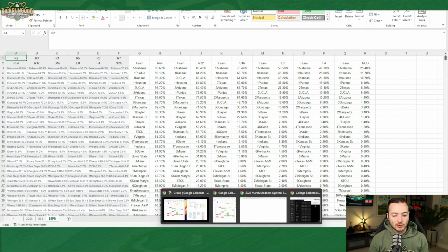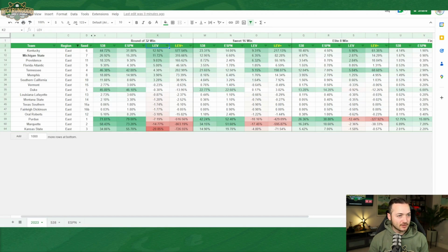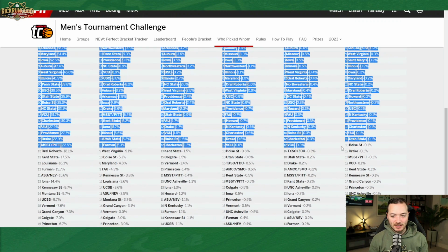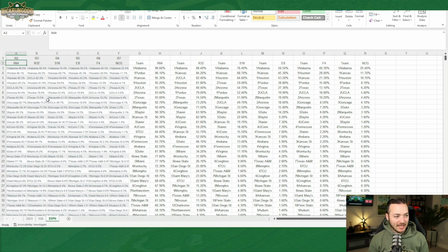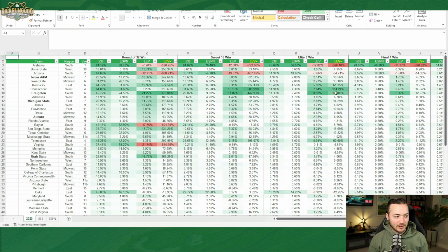If you just go to the ESPN Who Picked Who page, which looks like this, and copy these teams and paste them into the spreadsheet in A2, everything will update itself. Okay? And then you can go through and do that. So if you want to wait till later in the week where maybe the numbers are more mature, you can certainly do that, whatever you want to do.